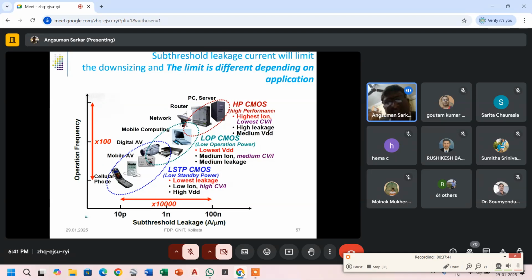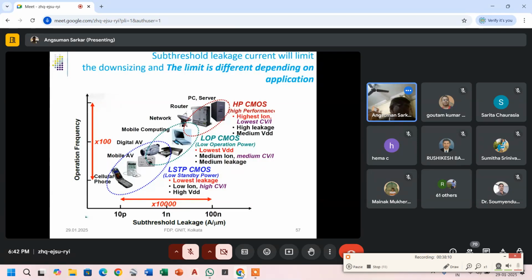So it should quickly charge the capacitor, and the capacitor should be discharged quickly. In order to charge the capacitor quickly, a high current is required. A capacitor is nothing but a water storage tank. If a lot of water can flow, the tank will be filled quickly. Similarly, if a high current flows, the load capacitance will be charged fully. So the on current should be very high.